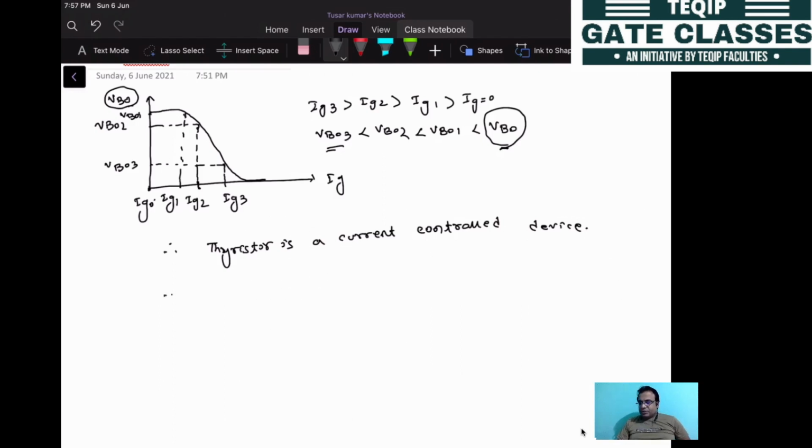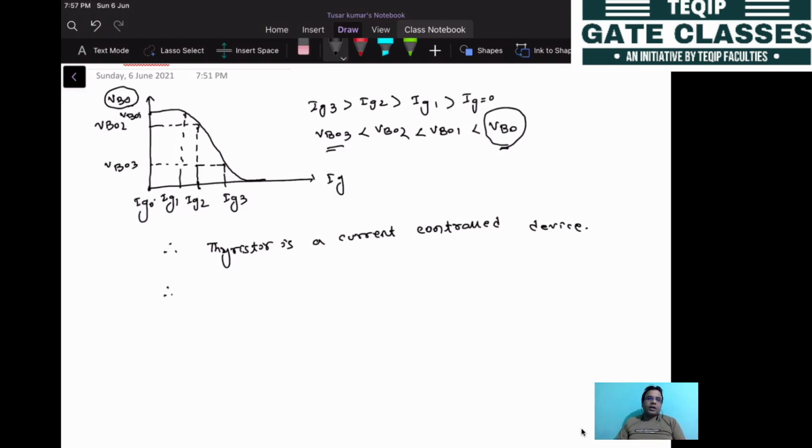Another thing you must be knowing is that whenever the gate signal is applied and the current reaches the latching current, then you can remove the gate signal. Why do you need to remove it? Because if you remove the gate signal, the power dissipation in the gate will be low, which means the junction temperature will also not rise.